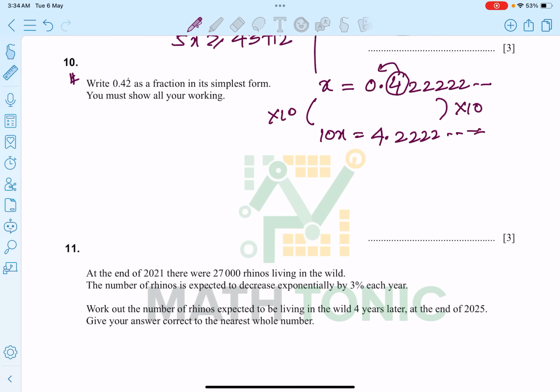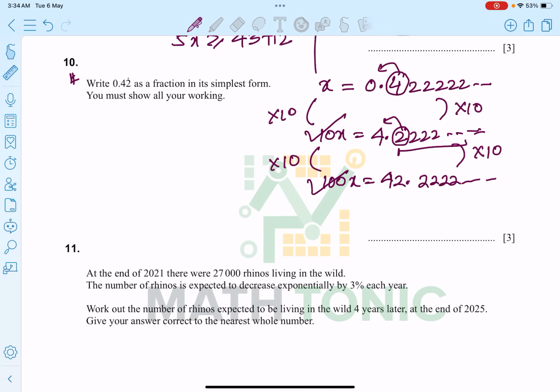Is it okay? Next step, for the repeating number, try to take that. If I check, there is one repeating digit, so I multiply by 10 again, and it will be 100x equals 42.2222 like this. Can you see this, everyone? If you see these two equations, the decimal values are exactly the same. So what I'll do is subtract these two equations. So I can write 100x equals 42.222 like this, and 10x equals 4.222 like this.